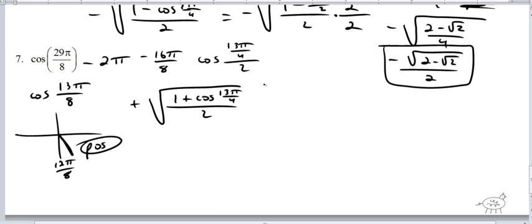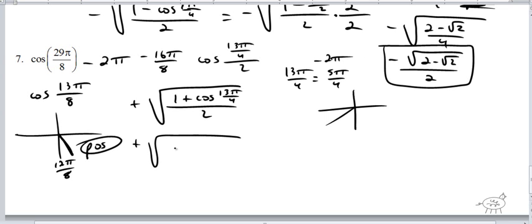And I have to do cosine of 13 pi over 4, which I again have to do coterminal because it's too big. And 13 pi over 4, if I subtract 8 pi over 4, I get 5 pi over 4. So again, that's subtracting 2 pi to do coterminal. And 5 pi over 4 is here, so that's negative. So it's going to be the square root of 1 minus root 2 over 2 over 2.